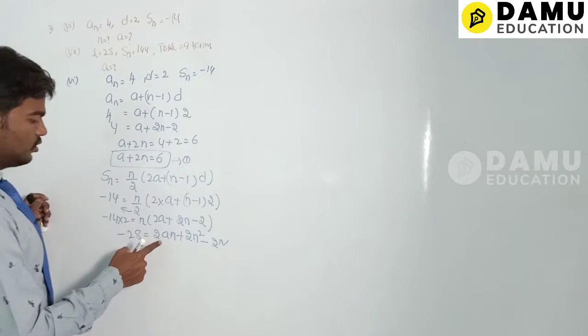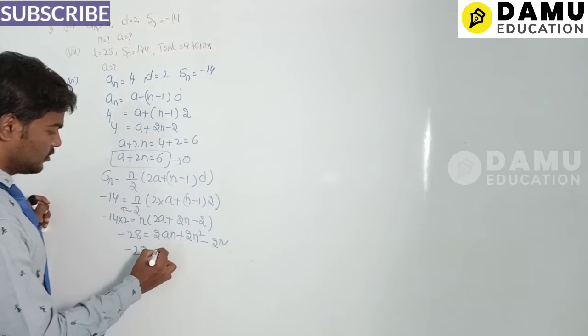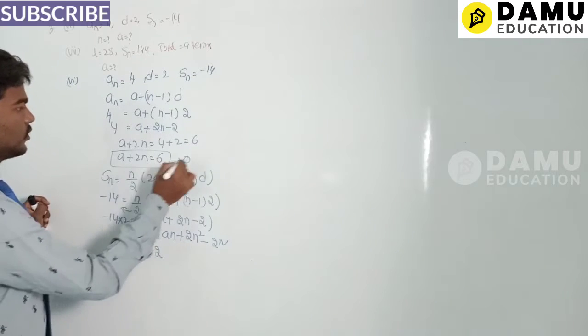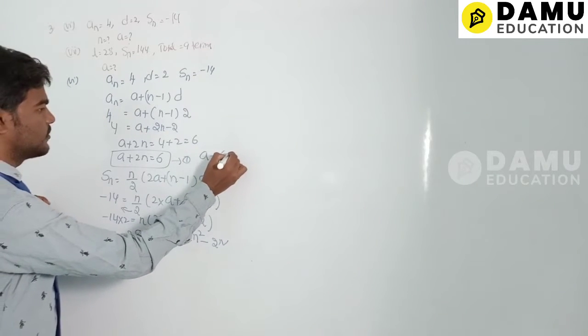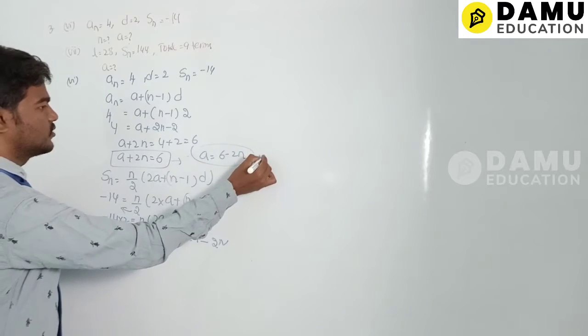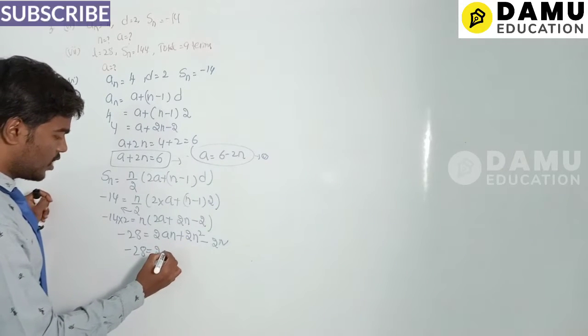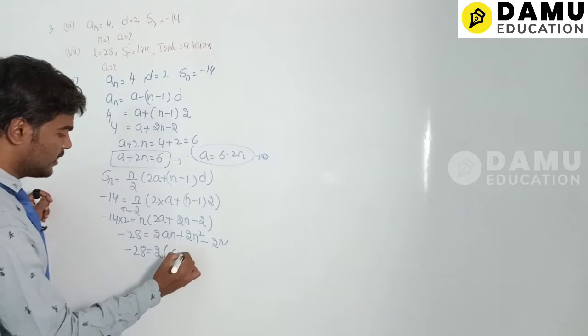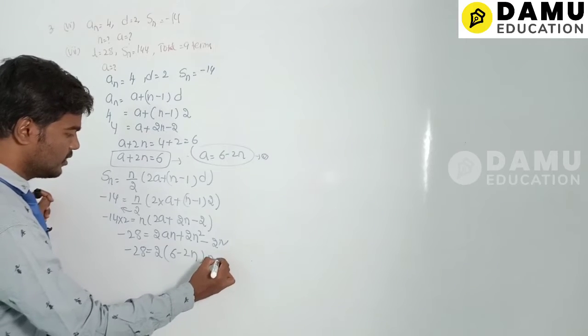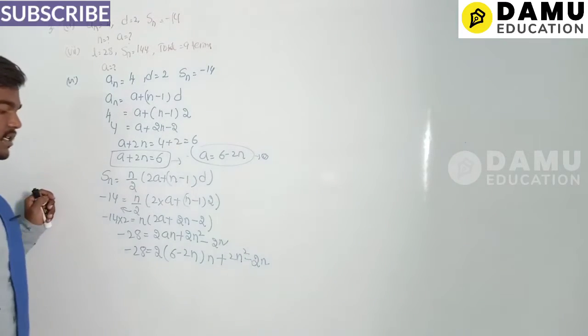So this is the equation. So a we don't know. Let's substitute a here. So minus 28, 2 into, a is equal to 6 minus 2n. So this is equation 1. Sorry for that. So a will be equal to 6 minus 2n into n plus 2n square minus 2n. So this is the value.